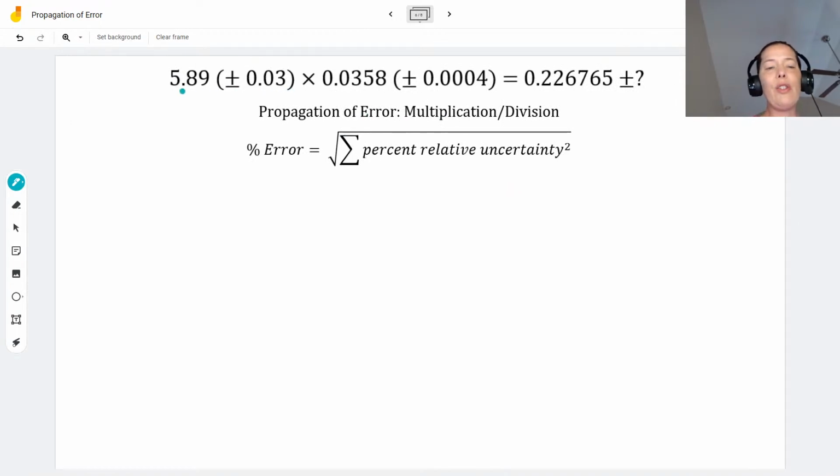So again, I'm going to do this first error here, this 0.03. So for relative uncertainty, and I'm just going to abbreviate it there, I'm going to take my 0.03 divided by the magnitude of the measurement itself.